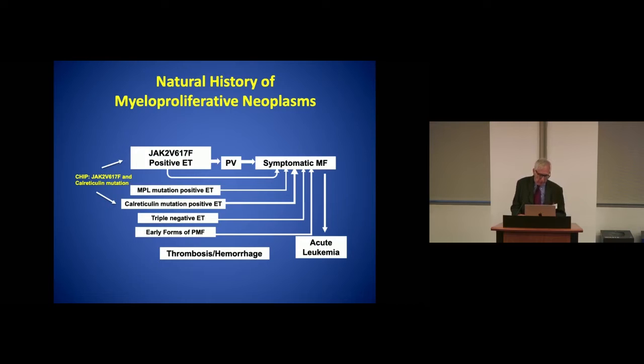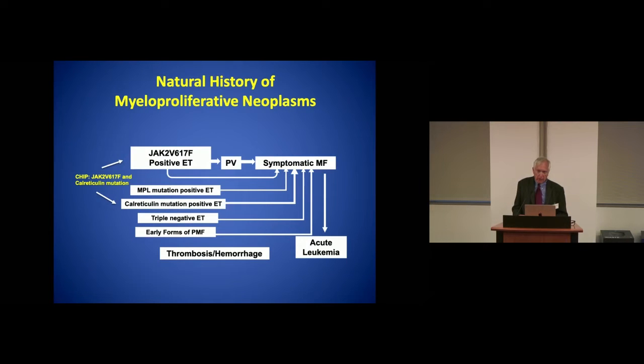There are three driver mutations that you all know about: JAK2 V617F or an exon 12 mutation of JAK2, a mutation in MPL, and a mutation in calreticulin. Each of these mutations results in increased intracellular signaling through the JAK-STAT pathway.